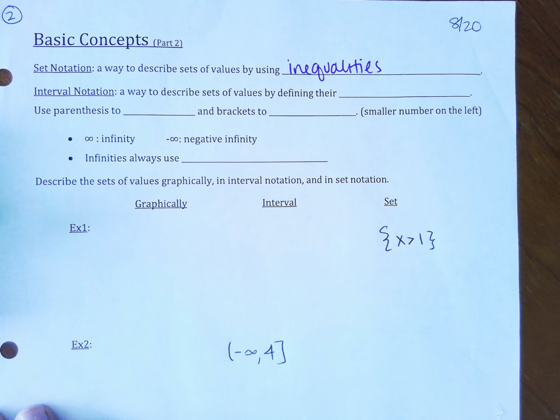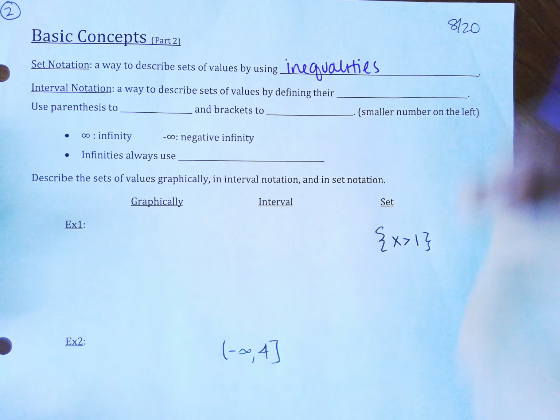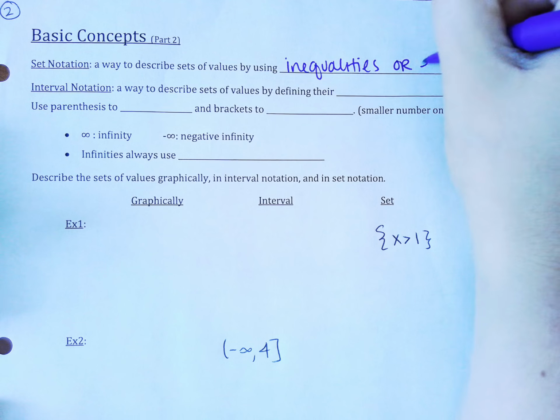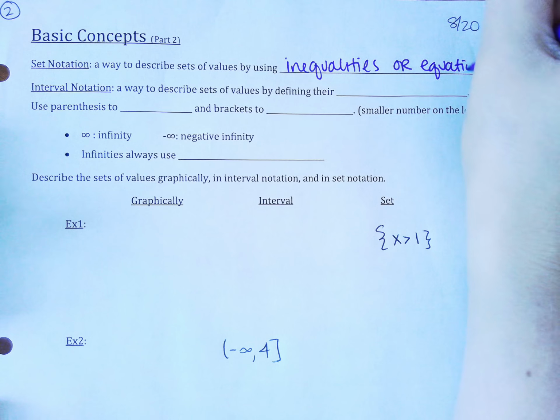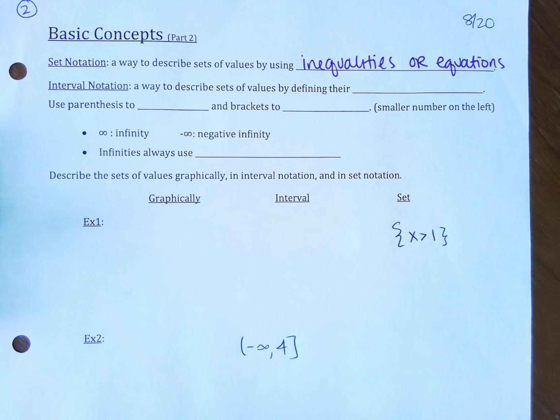So it would take forever to list out the numbers between -10 and 10, because not only do you have those integer numbers, but you also have all those decimal representations like -9.9999999 and forever. So it'd be literally impossible to do that, so we represent it with some sort of inequality, or sometimes we use equations. Equations also help us define some set of values.